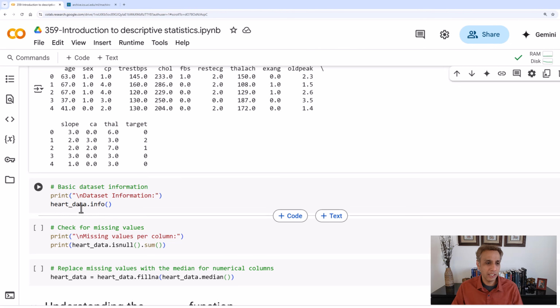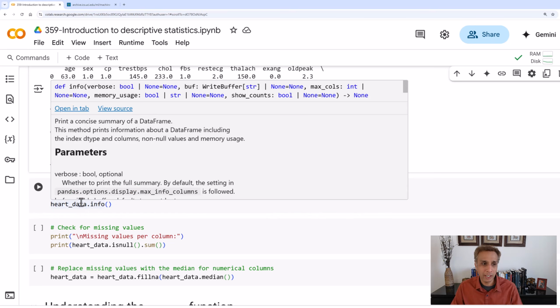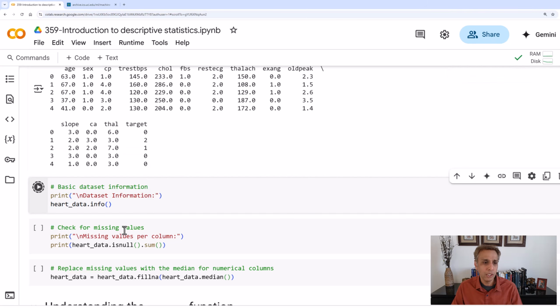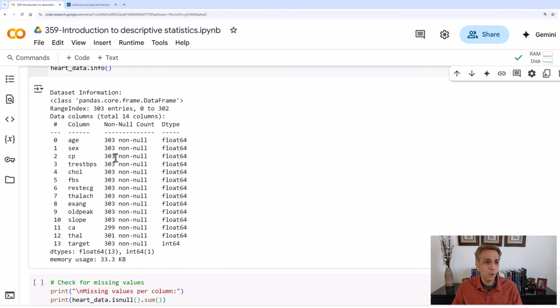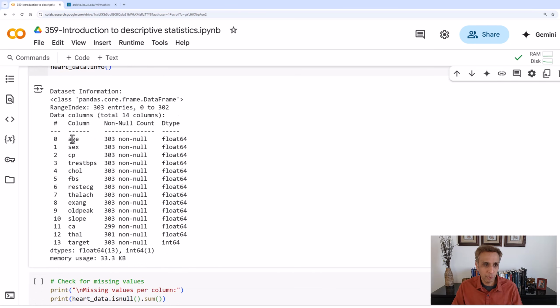The next thing is you want to get more information about your data. Whatever your pandas data frame name is, .info gives you the basic dataset information: the column name, and how many non-null values you have. Here you see there are only 299, which means there are 4 null entries, meaning there is nothing in those cells.